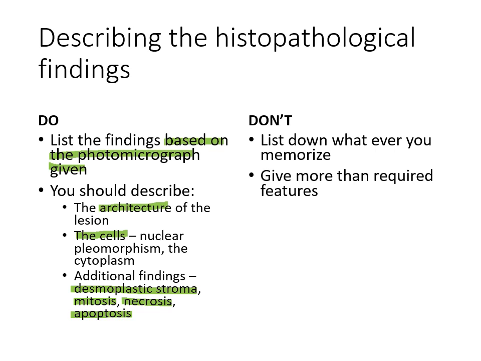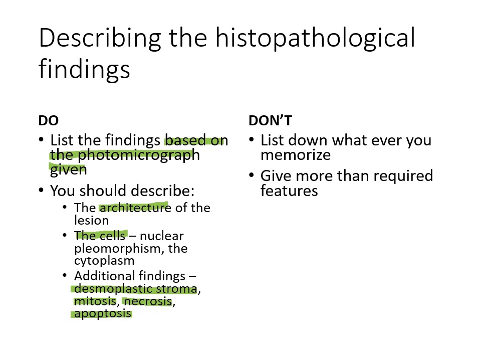You won't get points for that, even though it is true and correct for the particular diagnosis or disease. If it is not seen in the photomicrograph, do not list it as your answer, because it won't carry marks. Next, do not give more than the required features.